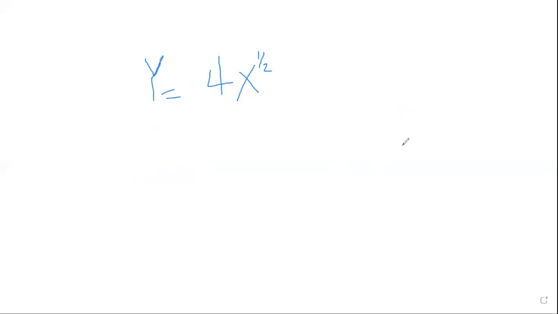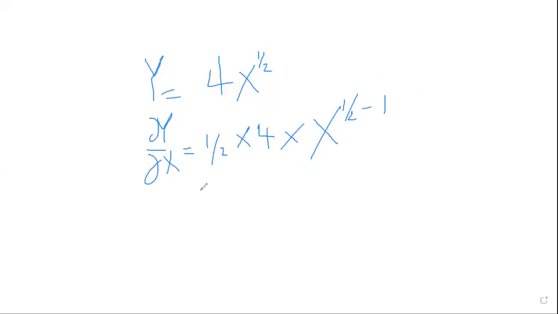Dennis: The answer is 2x raised to the power minus half. Okay. So that's the answer. It's going to be dy dx is equal to half times 4 times x to the power half minus 1. So when you simplify it, you have 2x to the power minus half.